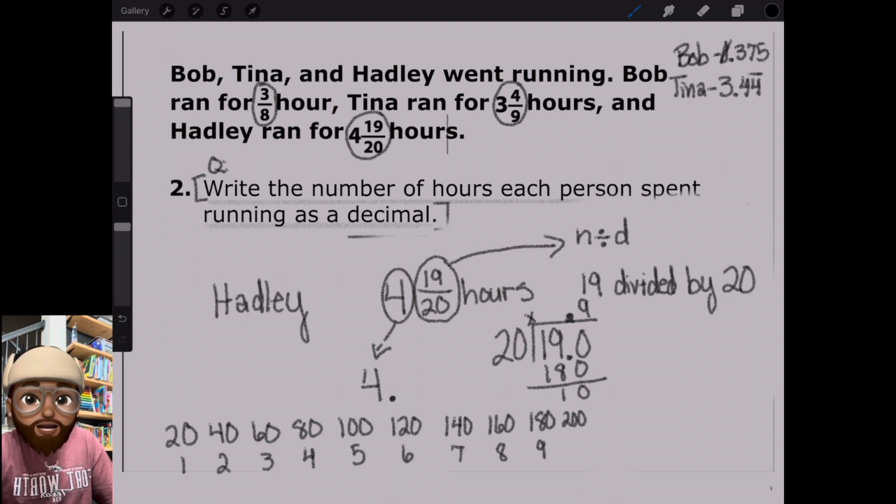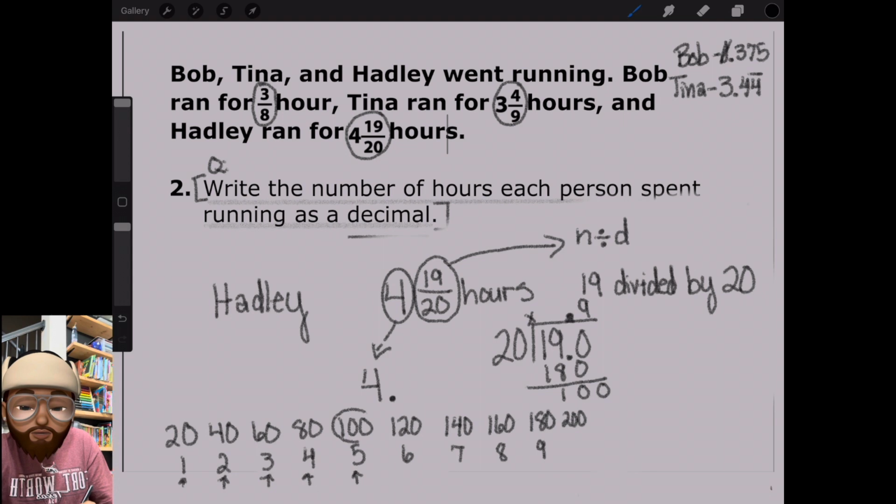Now 20 can't go into 10, but if we add that 0 there, 20 can go into 100. Let's see how many times 20 can go into 100. 1, 2, 3, 4, 5. 20 can go into 100 5 times.